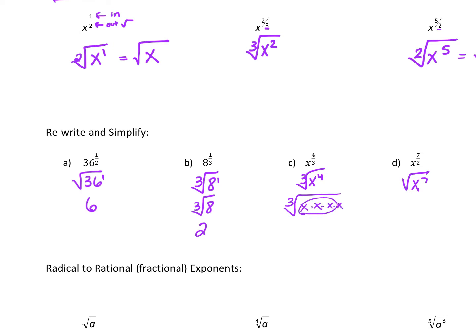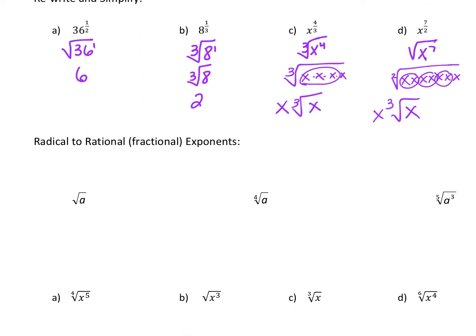So if I have 3 x's, that means 1 x comes out and 1 x stays in. Same idea here. I have 1, 2, 3, 4, 5, 6, 7 x's, and my index is 2, so I'm looking for pairs. I have 1, 2, 3 pairs. So 3 x's come out, and the 1 x that wasn't part of a pair stays in.